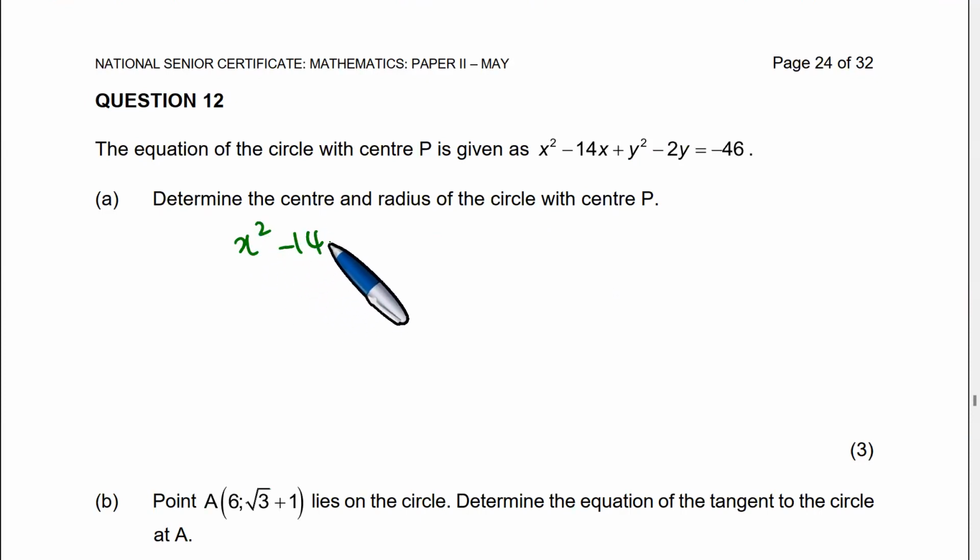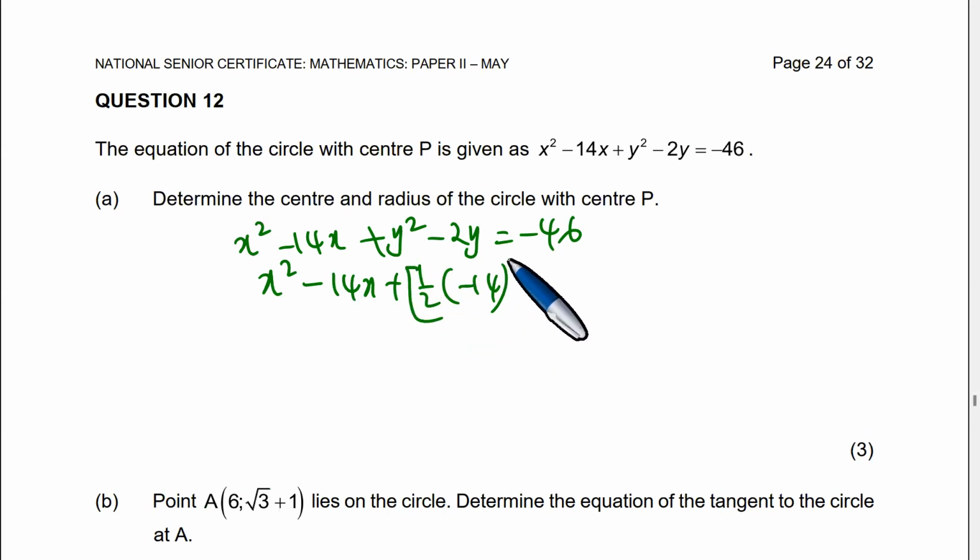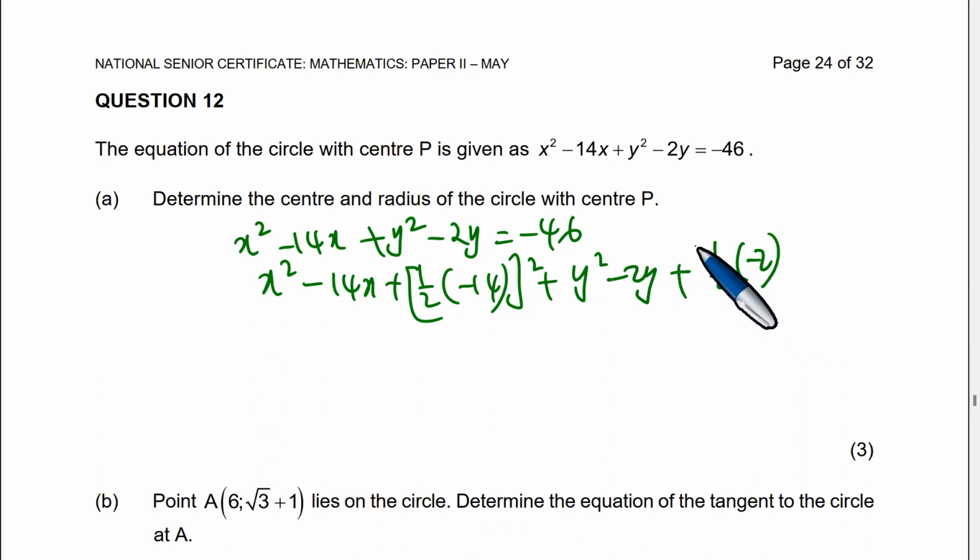So you have minus 14x plus y squared minus 2y equals minus 46. So you have x squared minus 14x plus half of minus 14, you square this, plus y squared minus 2y, so you square this, equals minus 46.